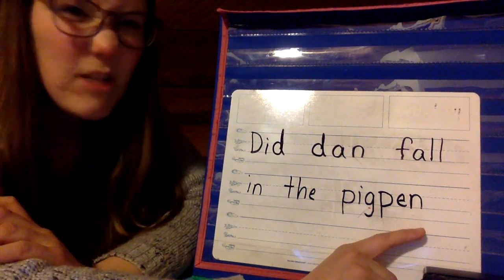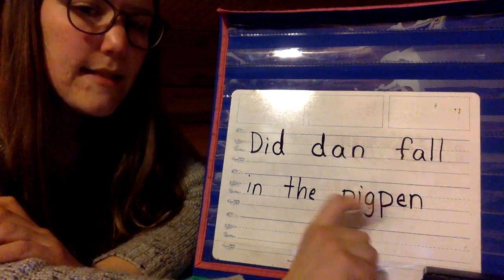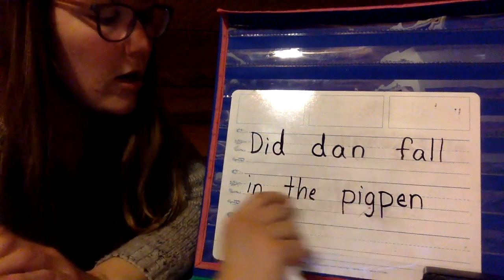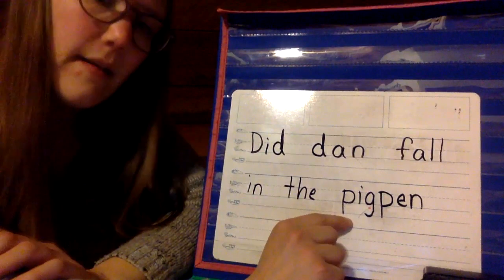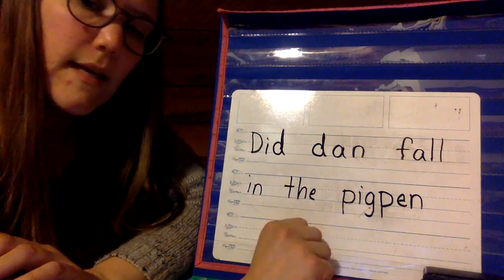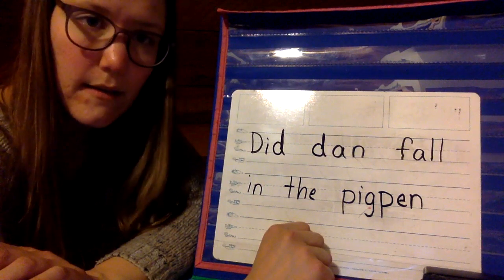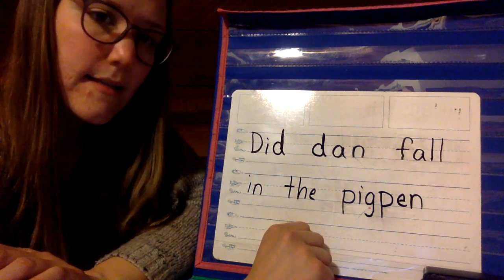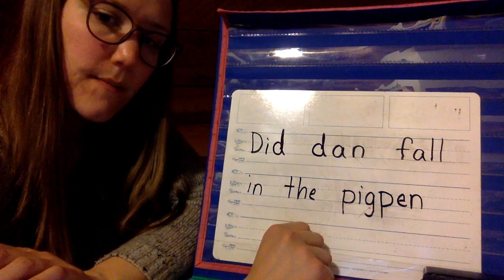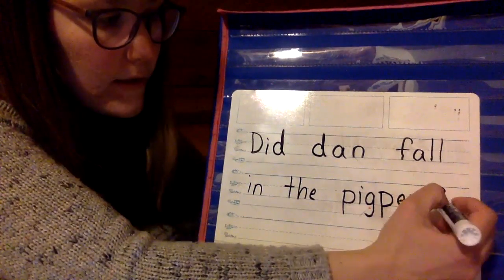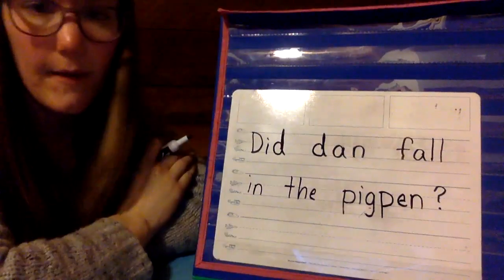A lot of times I just put a period, but let's listen to this sentence. Did Dan fall in the pig pen? Is that a telling sentence, which would have a period at the end? Or is that an asking sentence, which would have a question mark at the end? Yeah, it's an asking sentence, so I need to make sure that I put a question mark there.